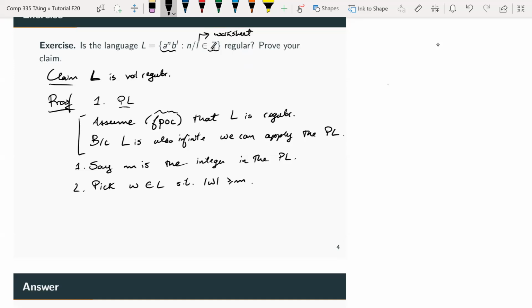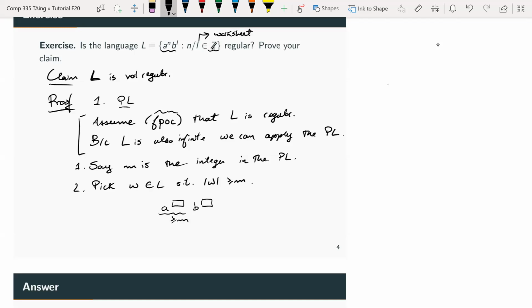Here, I always get the question, how do you know how to pick w? And really this is a matter of practice, and a matter of thinking ahead to see how you could pump up or pump down. So the idea here is I'm going to have a string that looks like a to the something, b to the something, and preferably at least m symbols here.